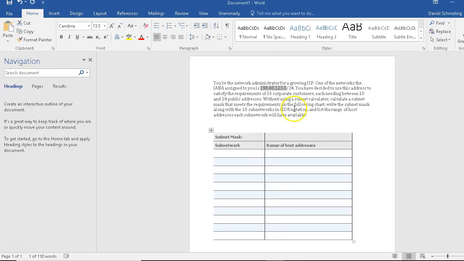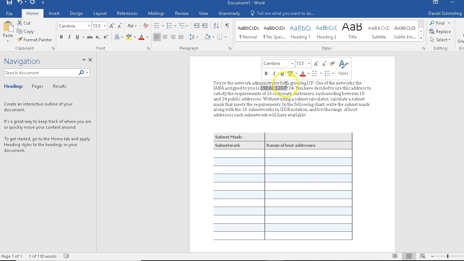Right? So the question is asking that we need to split this up. We have 254 addresses, but we want to split up this IP address. We don't want to just say, okay, here's all 254 addresses in one area. Let's say we have 16 corporate customers that need to use this IP address.